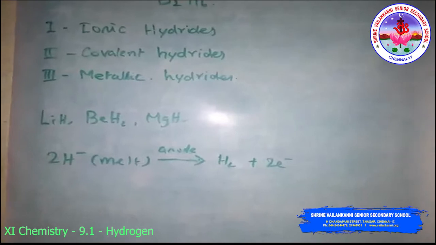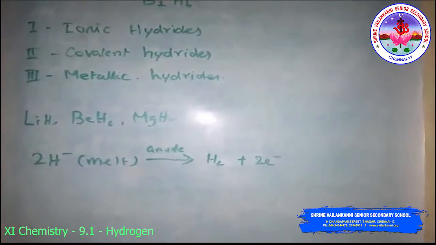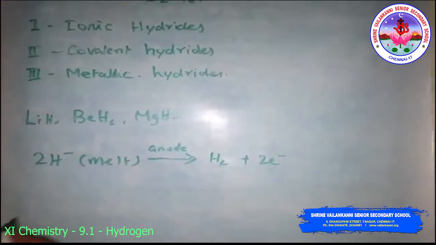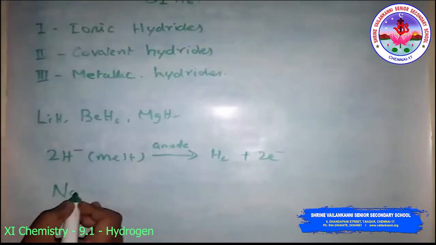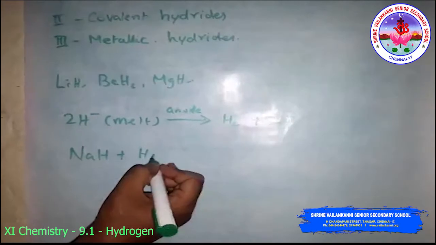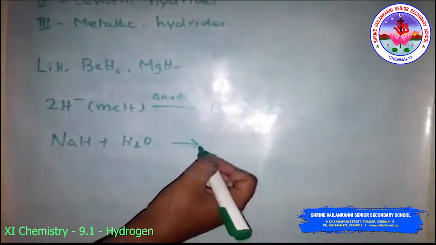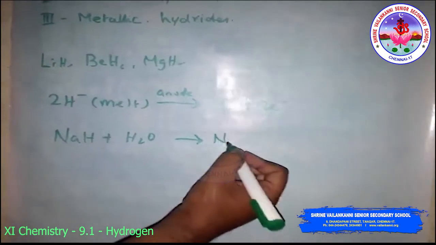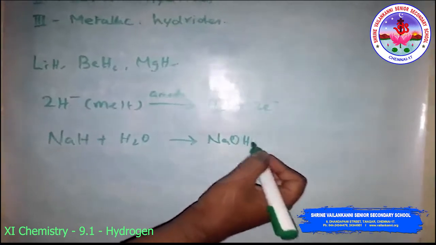Then the saline hydrides react violently with water, producing hydrogen gas. When sodium hydride reacts with water, it produces sodium hydroxide and dihydrogen gas.